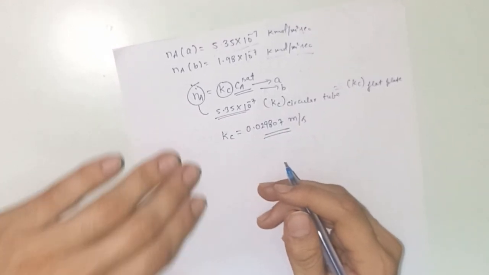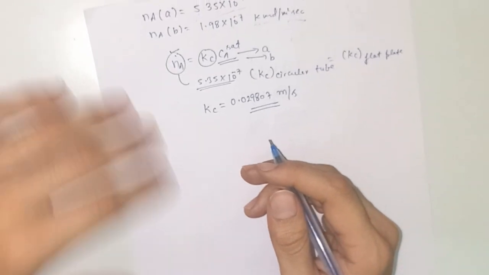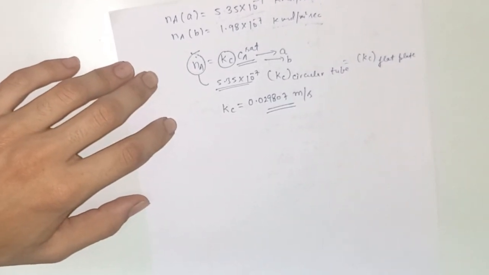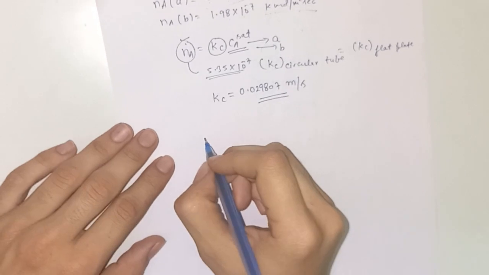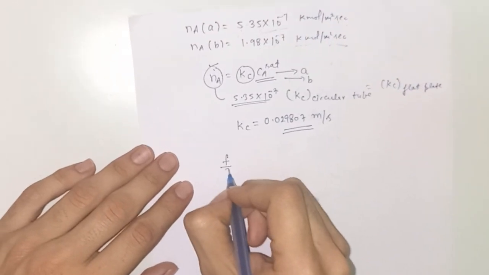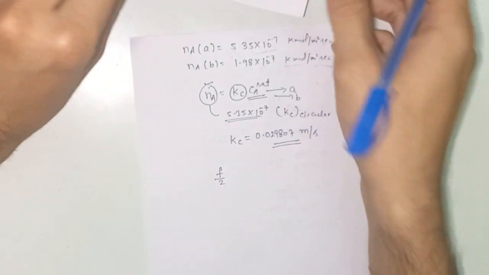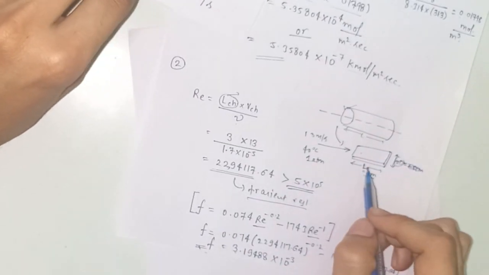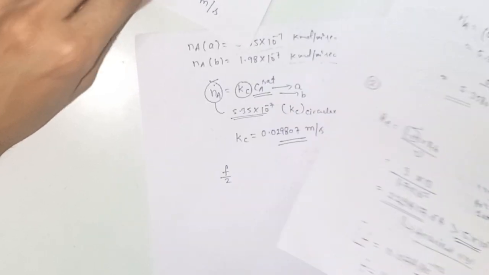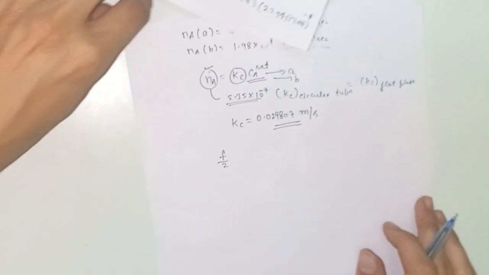Now the calculation is just the reverse of what we did in the second part. We are going to find the value of the friction factor using the Chilton-Colburn analogy, because we have the case of a flat plate, and for the flat plate we can apply the Chilton-Colburn analogy here.